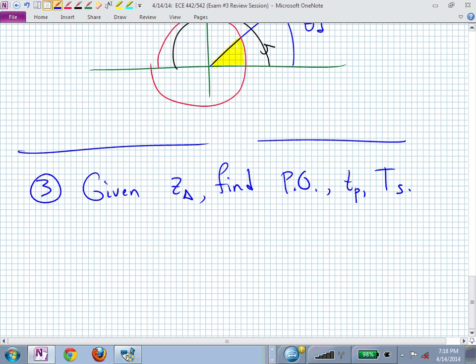And I'll say, I can't answer that question. You'll have to figure it out. You know the material. So you now find your transfer function from this all delay block diagram. That was exam 1, wasn't it? Once you have the transfer function, you can now find the poles. Once you know the poles, that's z delta. You can find time to peak, percent overshoot, and settling time from R and theta sub D.